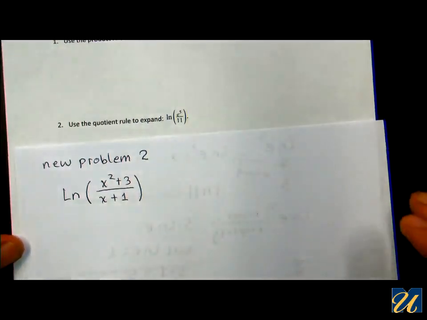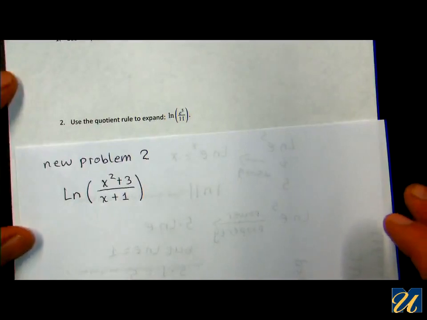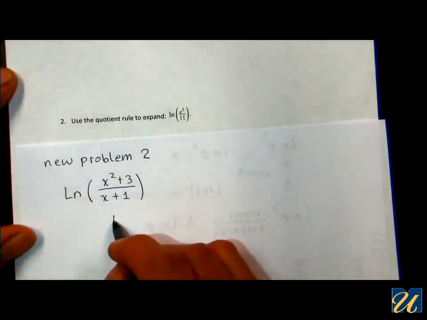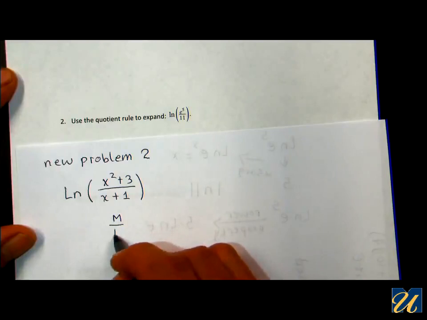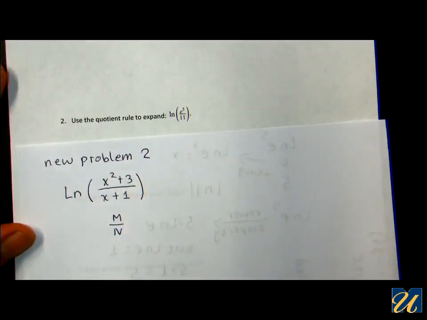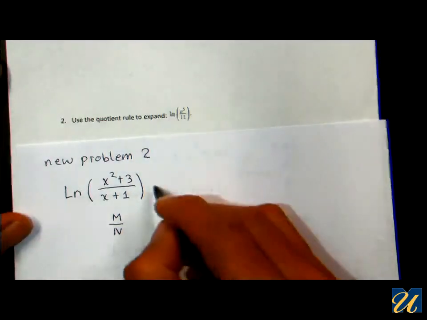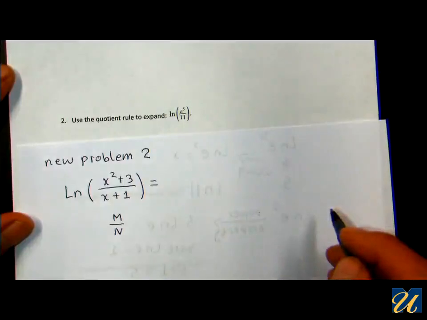Okay. What point am I trying to make here in this new problem 2? Well, we still have the log of m over n. The m is rather large and the n is rather large, but m and n do not need to be a single variable or a single number. So this still expands by using the quotient rule.